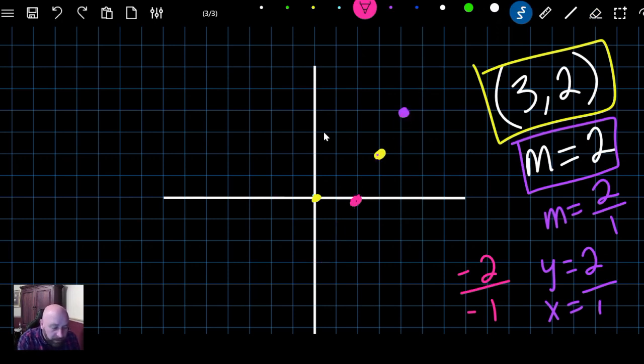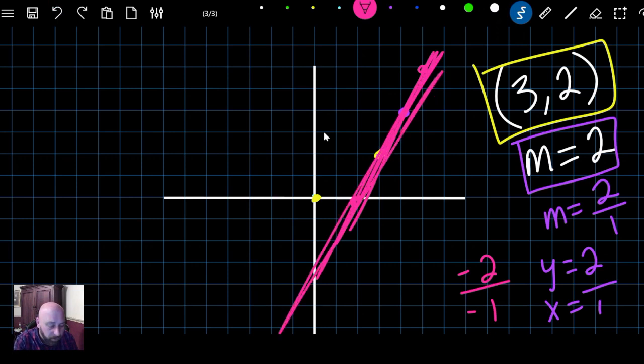We could keep doing it. So up 2 over 1. There we are back on our line again. And we just keep ending up on this line because we keep doing the same slope. This whole thing has the same slope no matter where we go, and we could go into infinity on that same slope.